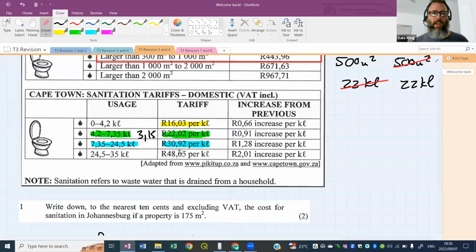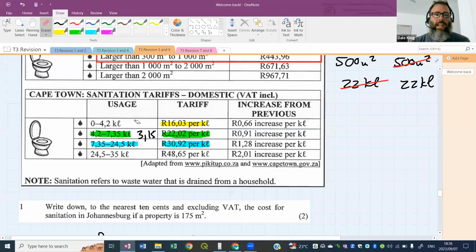So what they do is they say that from 0 to 4.2 kiloliters, there is a very low charge. But if you start going over that, say for example you're on 5 kiloliters, we're charging you a new rate for that little extra bit. So a sliding scale tariff works like that. You charge the first 4.2 kiloliters at 16 Rand and 3 cents.